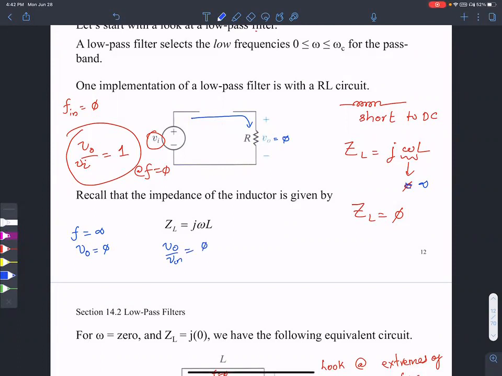Now you get the idea. If you plot frequency along the x-axis and the magnitude of V output over V input along the y-axis, it would seem that you're starting at 1 and heading towards 0. That's more or less it: low frequencies are passed, and high frequencies are attenuated.